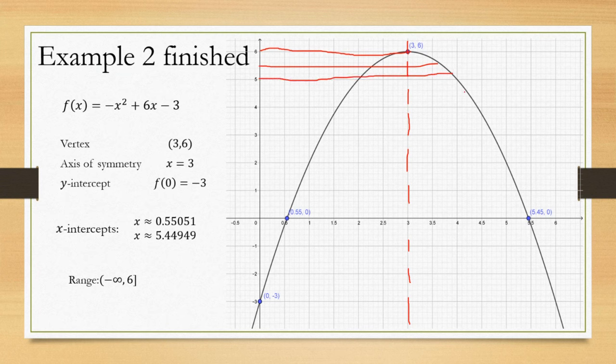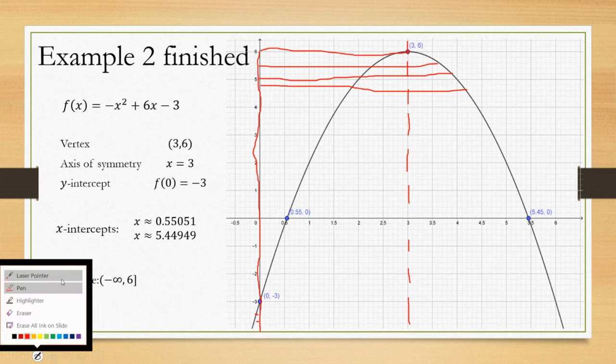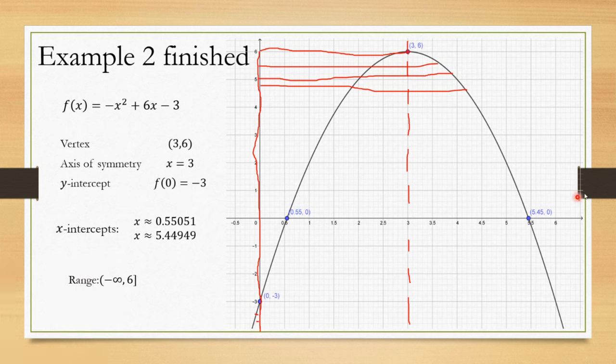Hopefully from these horizontal lines, you can see that all this is on the left side of the graph, and past this point, you have this part to the right. Basically, you're going to get everything from -infinity all the way up to 6. Okay, hopefully that made sense. I plotted the x-intercepts, vertex, the y-intercept, we connect, and good. So we have that.